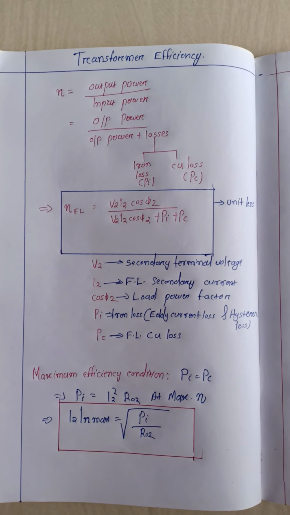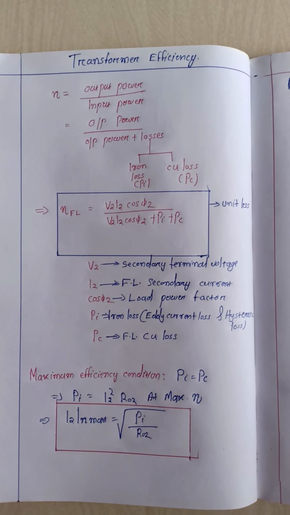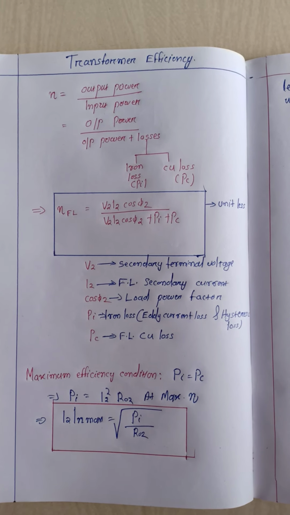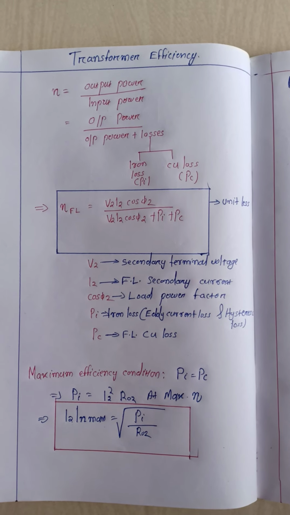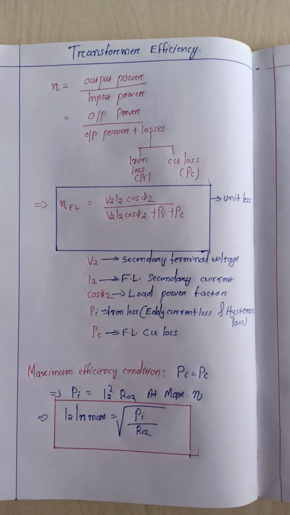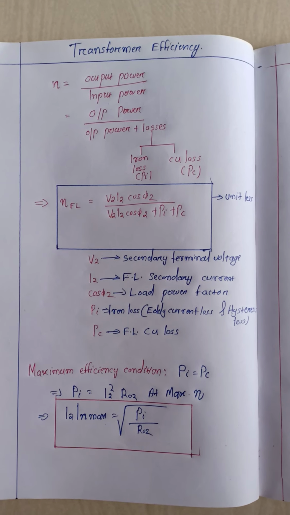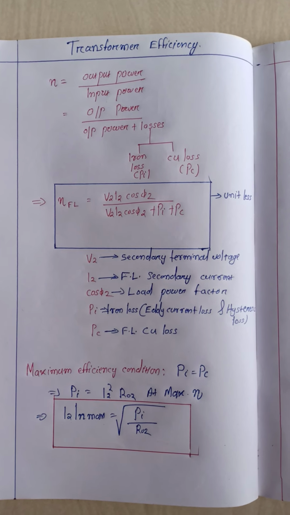As you know, iron loss at any load is constant, and I2 is the secondary current at full load, V2 is the secondary terminal voltage, cos phi 2 is the load power factor. I have written here the efficiency at full load.